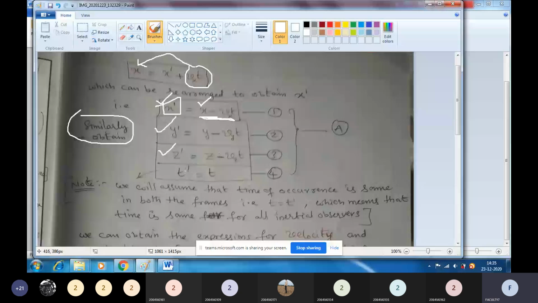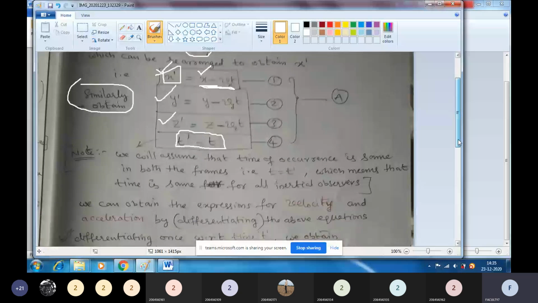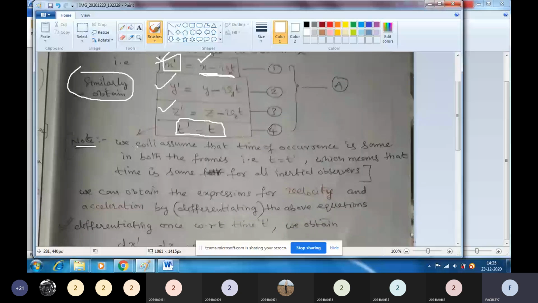You are observing the event at the same time. You can refer to this note here: we assume that the time of occurrence of the event is the same in both frames. That is the reason we mentioned t equals t prime.